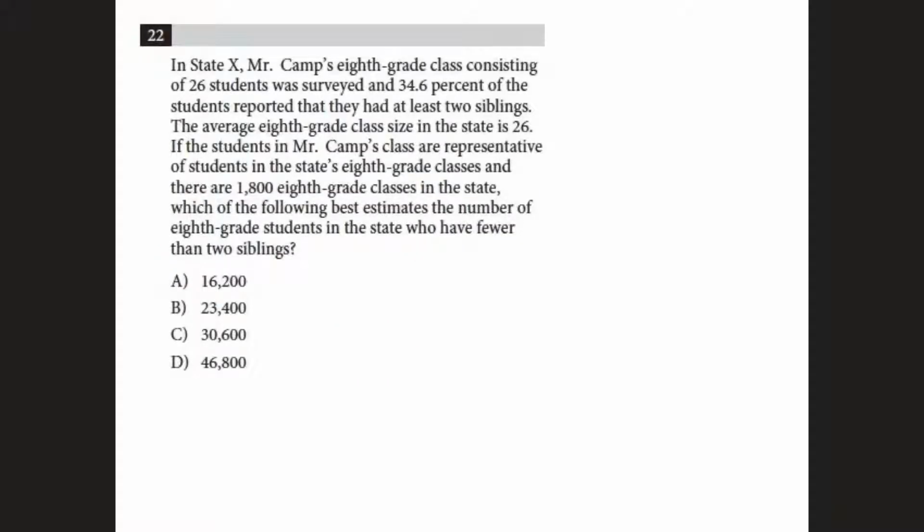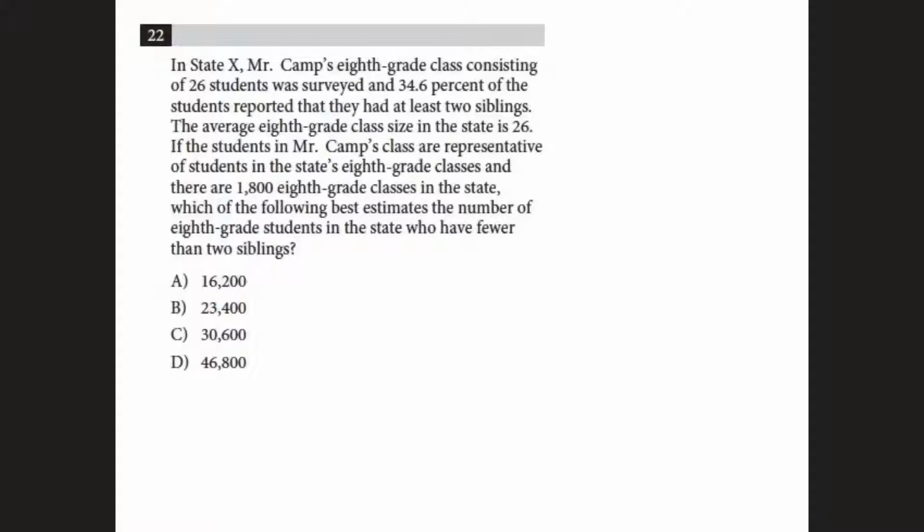Number 22. In state X, Mr. Camp's 8th grade class consisting of 26 students was surveyed, and 34.6% of the students reported that they had at least 2 siblings. The average 8th grade class size in the state is 26.